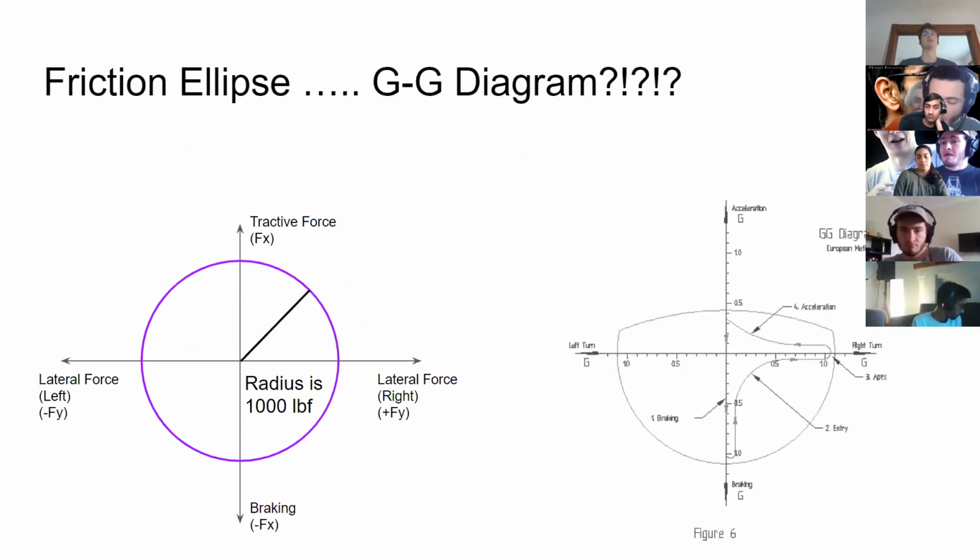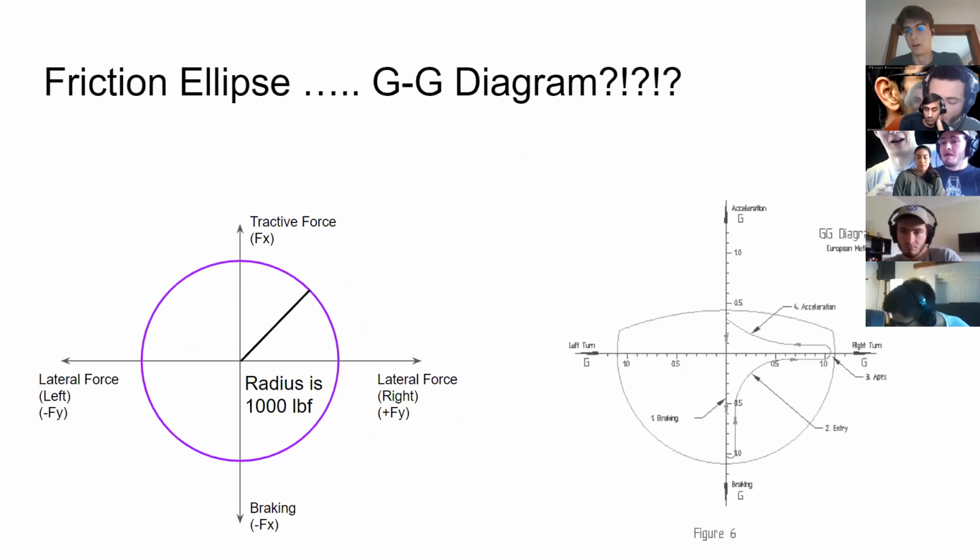And so you might notice that the frictional ellipse looks very similar to our GG diagram. Assuming we're in a tire-limited vehicle, these two things are effectively the same plot. Just the GG diagram is the frictional ellipse divided by mass.